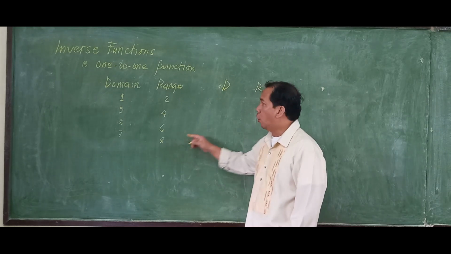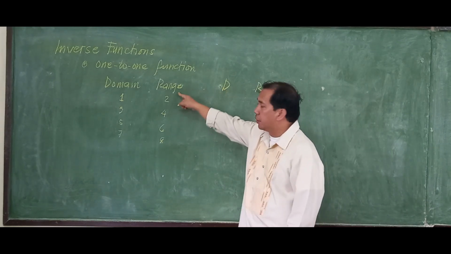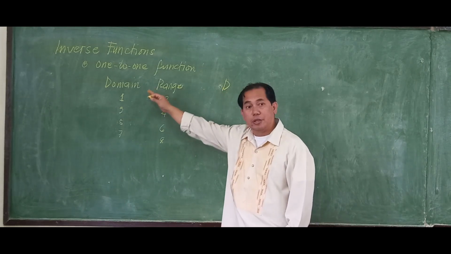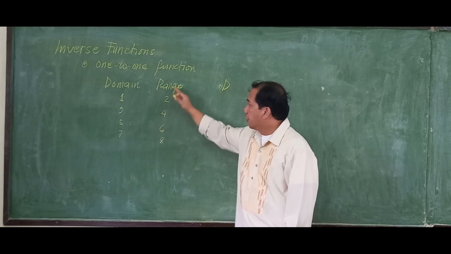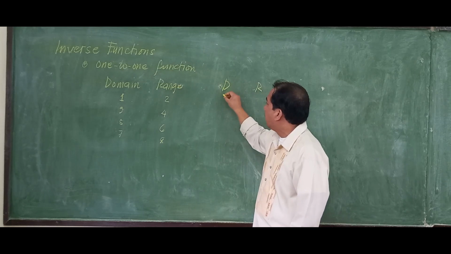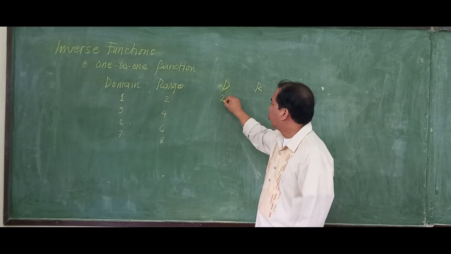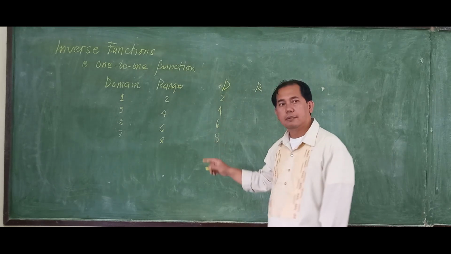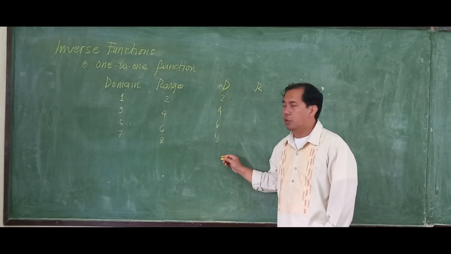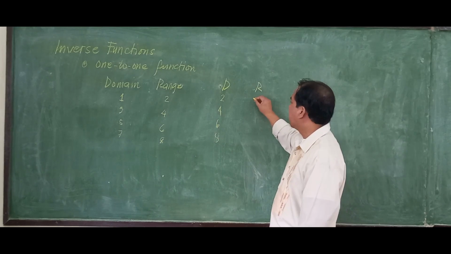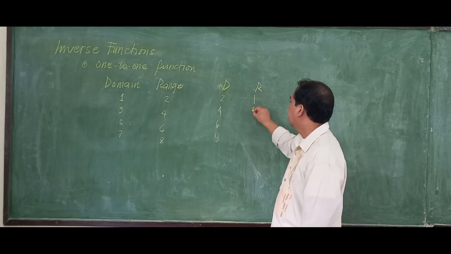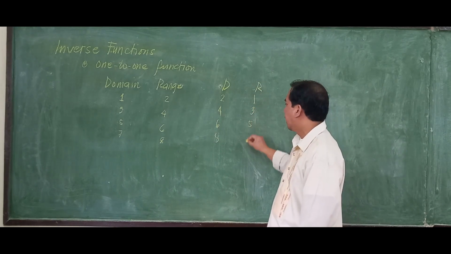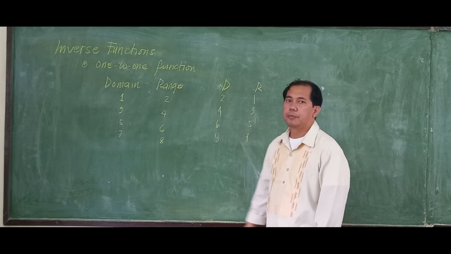So, if I have here the original function, you mark this one to be the original function. If I have here the inverse, my domain would be 2, 4, 6, 8. Okay? 2, 4, 6, 8. What about in here? This must be 1, 3, 5, and 7.